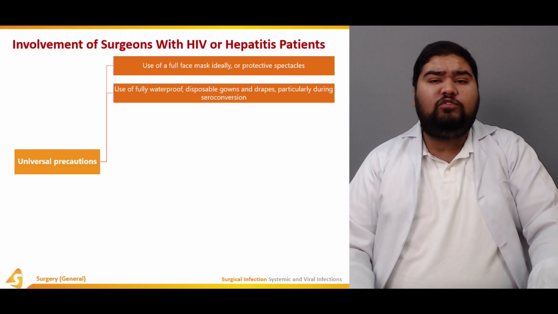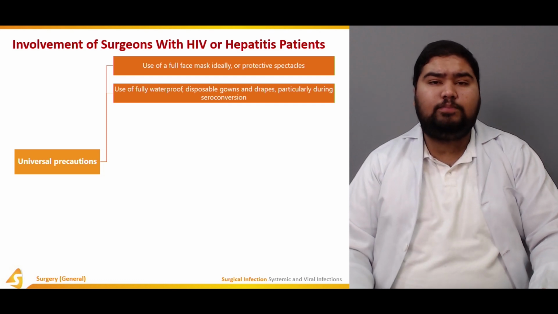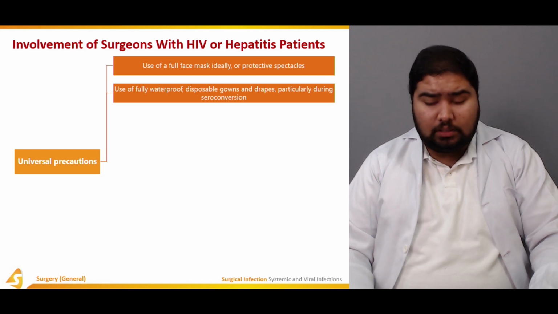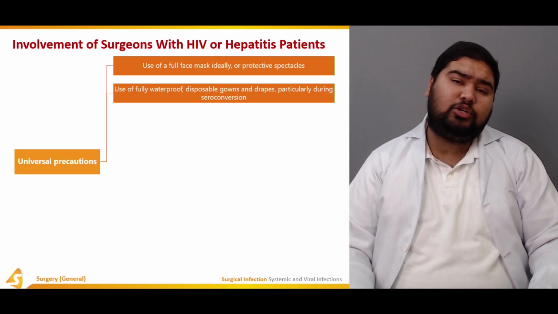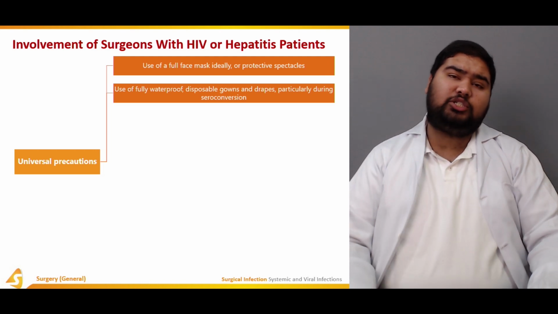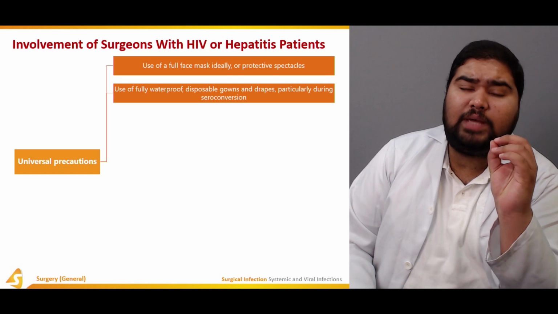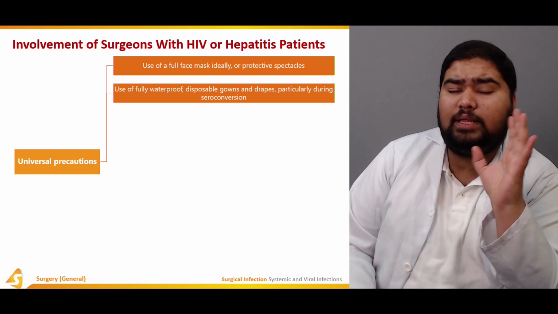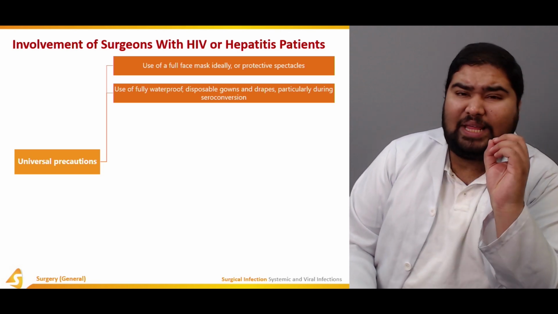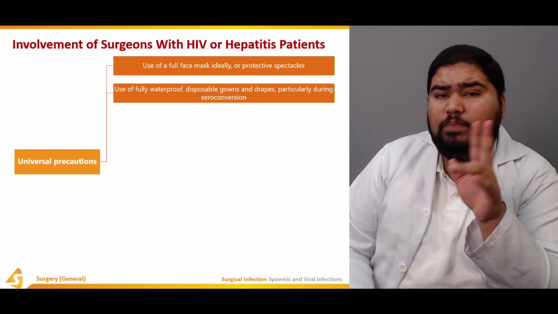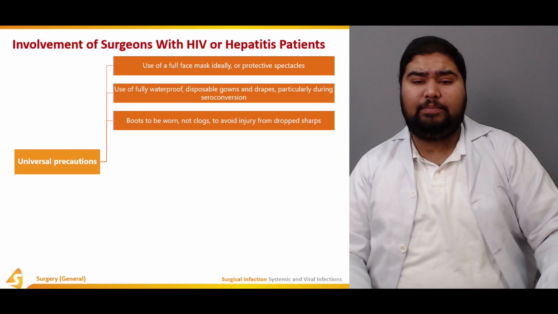Now, use of fully waterproof disposable gowns and drapes, particularly during the seroconversion. Whatever drapes and gowns are used in the surgery of a patient with HIV or hepatitis should always be disposable, so that it cannot be cross-contaminated.